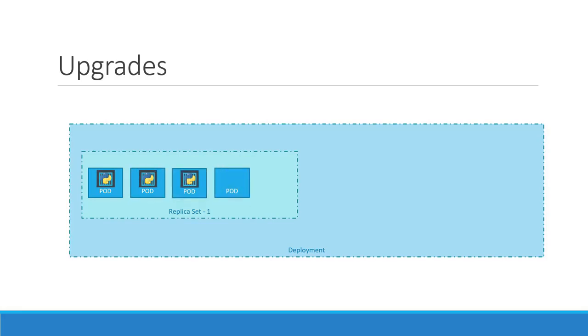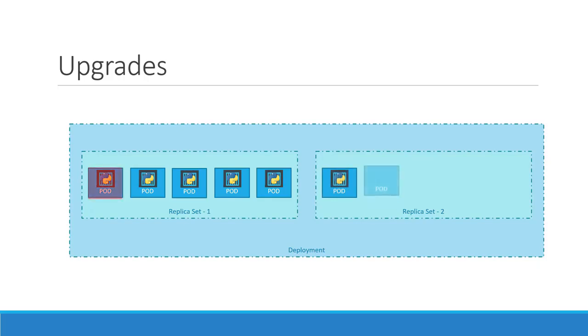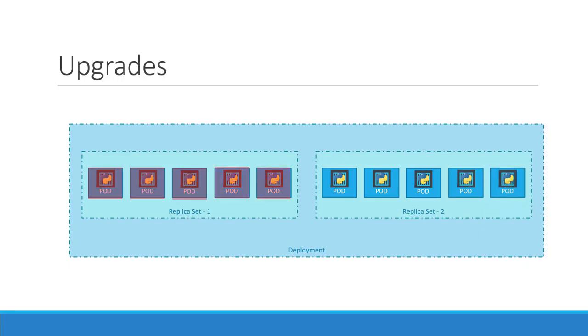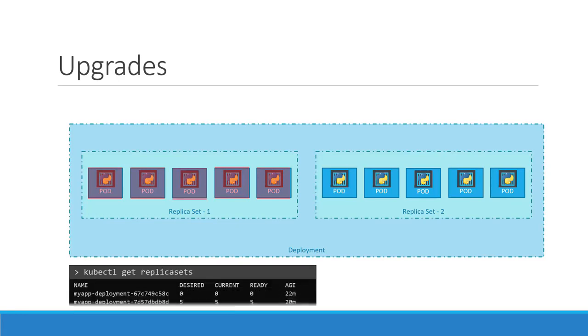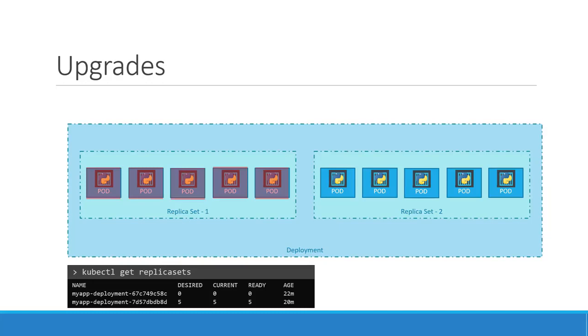When you upgrade your application, as we saw in the previous slide, the Kubernetes deployment object creates a new replica set under the hood and starts deploying the containers there, at the same time taking down the pods in the old replica set following a rolling update strategy. This can be seen when you try to list the replica sets using the kubectl get replica sets command. Here we see the old replica set with 0 pods and the new replica set with 5 pods.